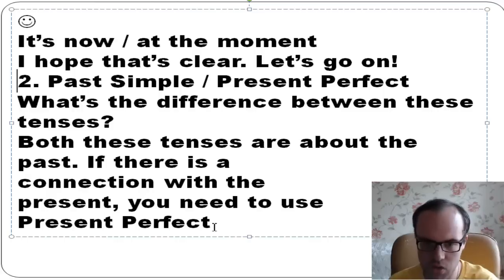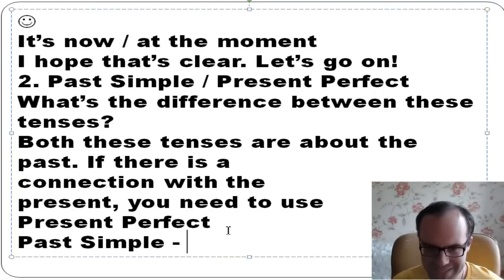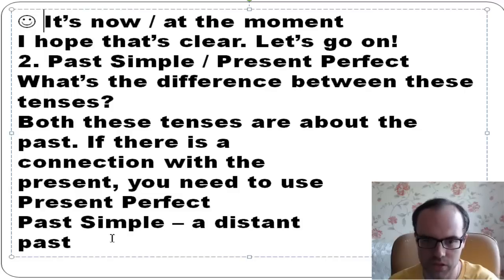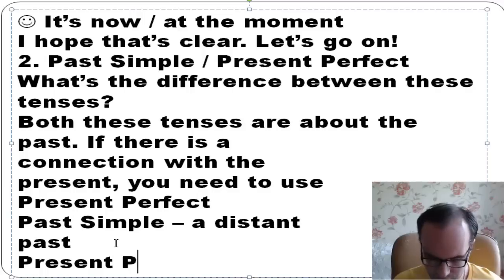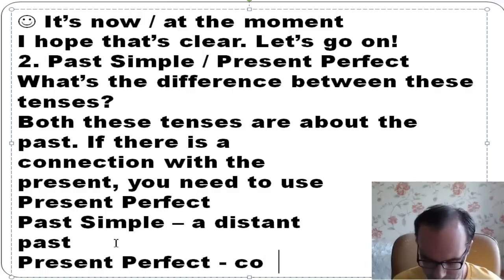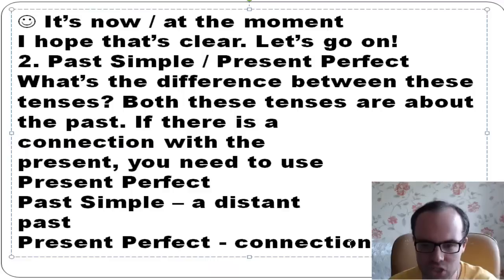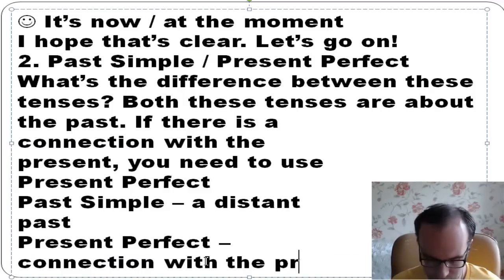Okay? So past simple is usually a distant past, and present perfect, there is a connection with the present. You see, there is a connection with the present.